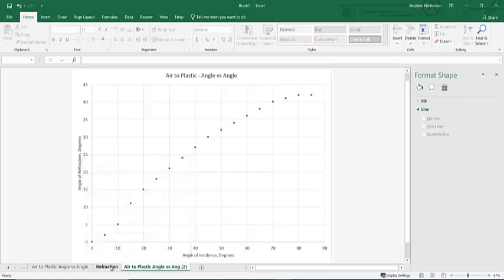So now it's tab there, and we're going to do plastic to air, so let's change the label. So we'll double click on the label and get rid of that 2. The 2 means it's a copy. Okay, and we're going to flip it around. So it's going to be plastic to air.